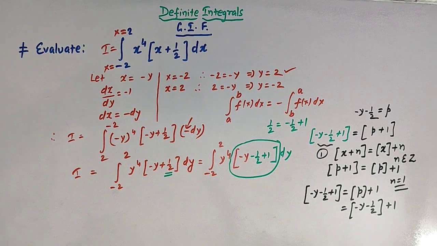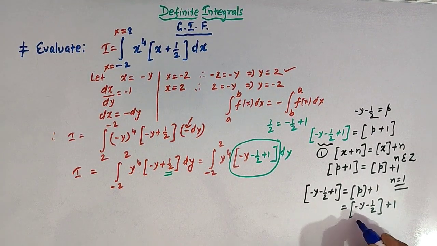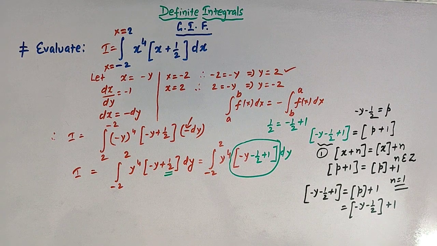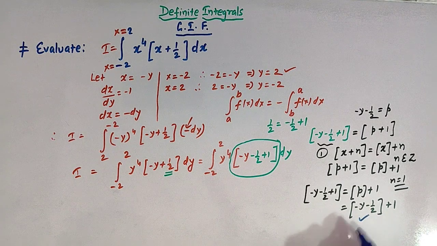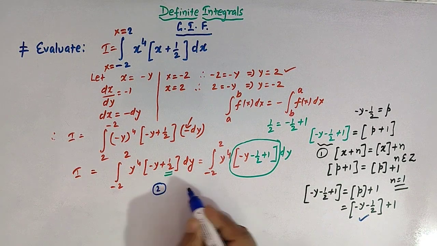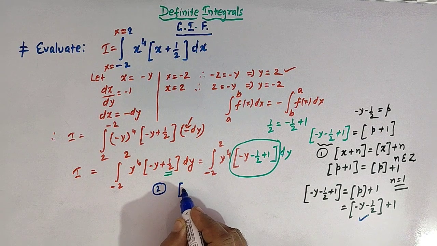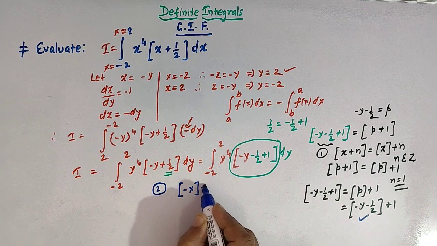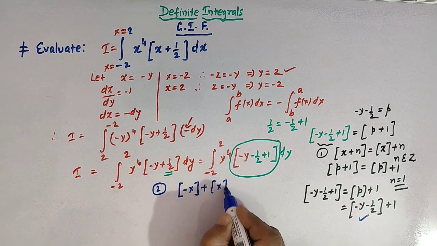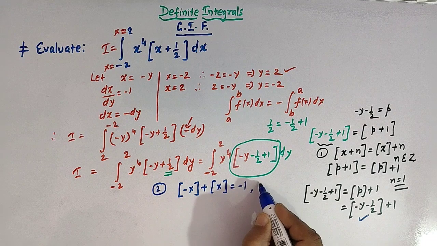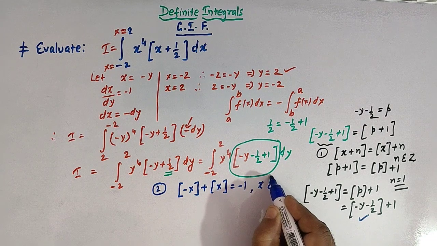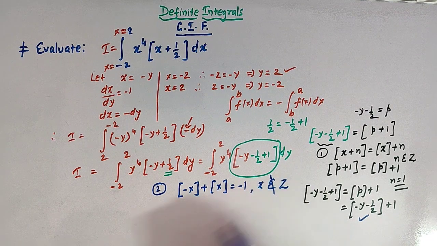Now let us apply the second important property of greatest integer function to this term. We know that the second property, that is the greatest integer of minus x plus the greatest integer of x, is equal to minus 1 whenever x does not belong to the set of integers.